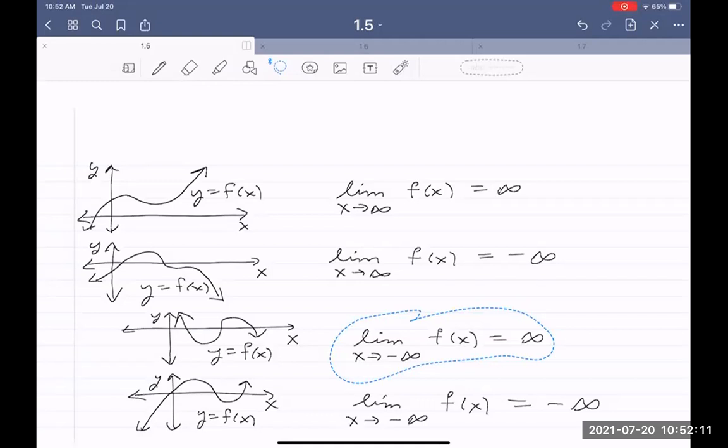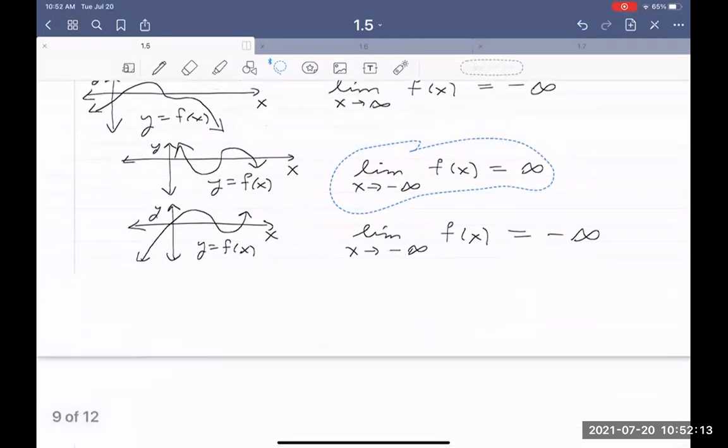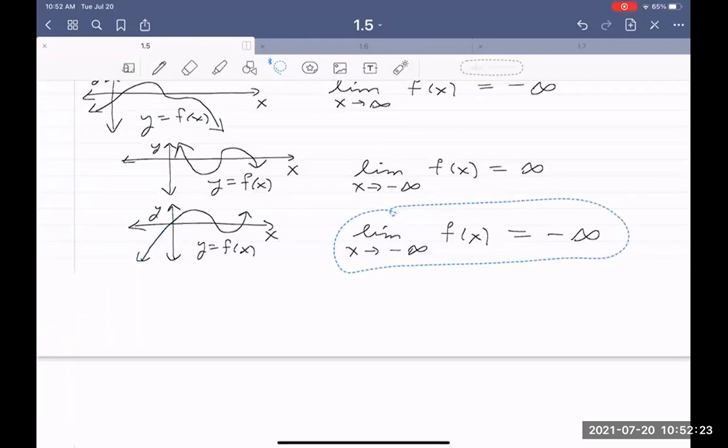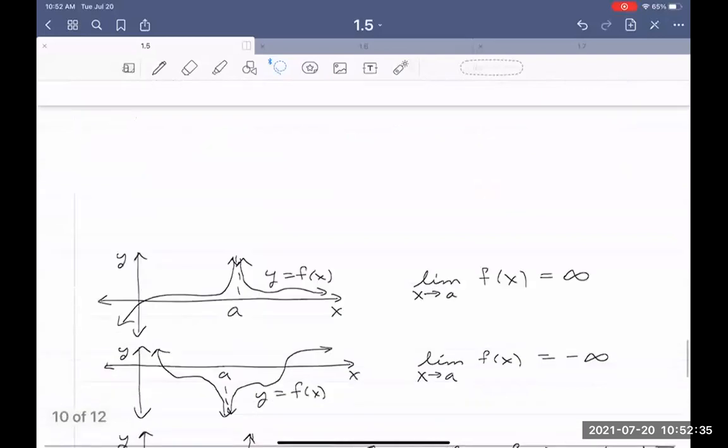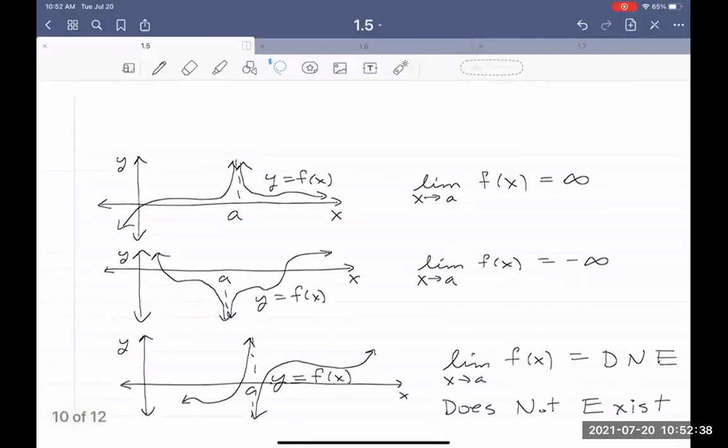Next, suppose that as x keeps getting smaller and smaller, my y's also keep getting smaller and smaller. Then we'll denote that as follows. The limit as x approaches negative infinity of f of x is equal to negative infinity. So we have a few more of these.